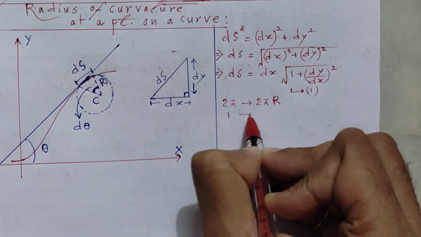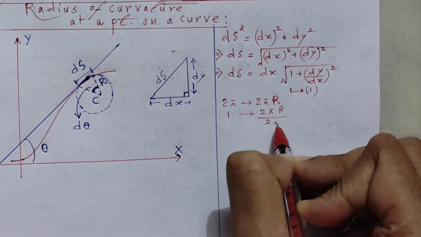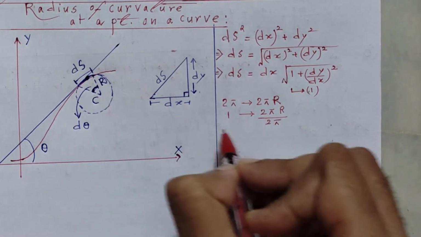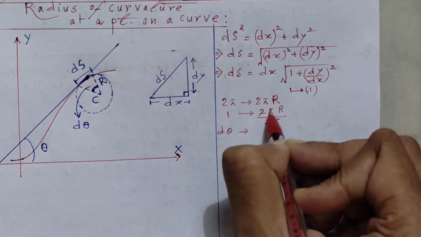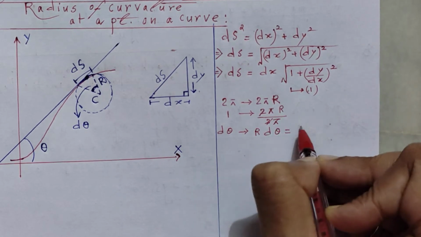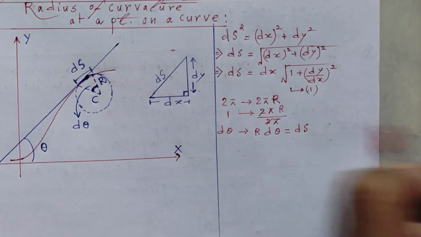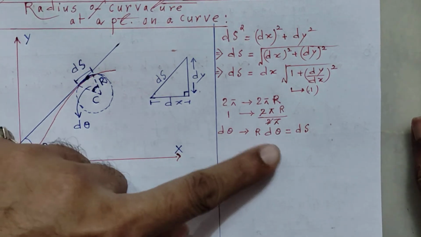So 1 radian will cover how much? 2 pi r by 2 pi. And this d theta angle will cover how much? Simply unitary method, r d theta. So this r d theta is nothing but this ds. Alright. So r d theta is equal to ds.